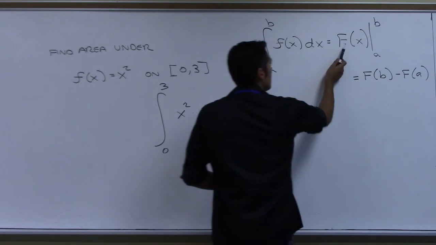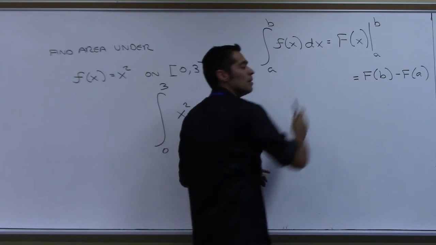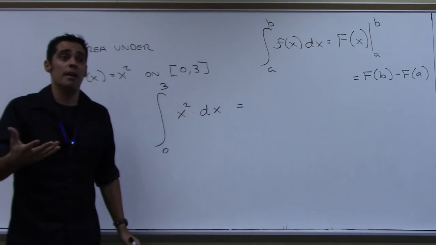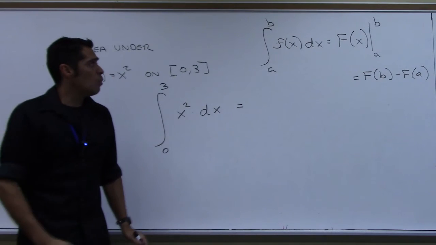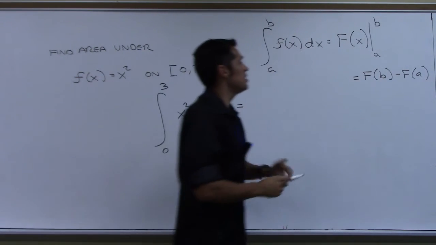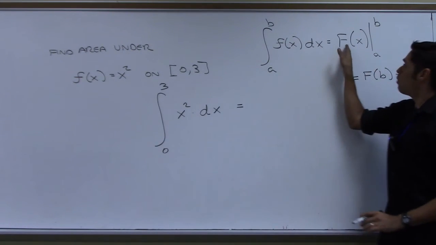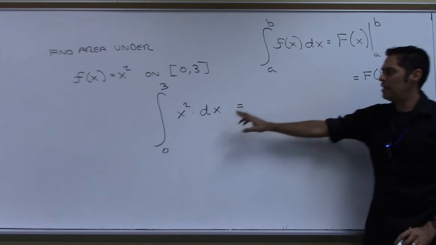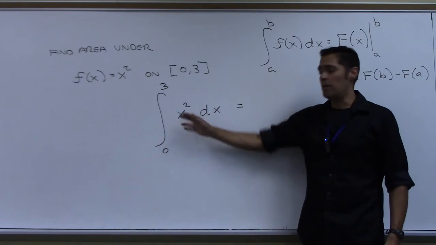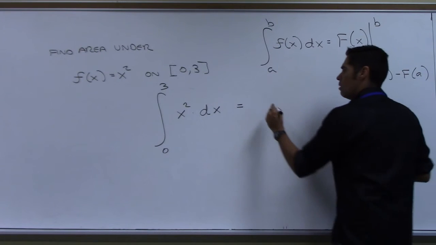What was capital F? If this was little f, what was capital F? The antiderivative, right? So what the evaluation theorem says is I need to write down the antiderivative of x squared, of this right here. What's the antiderivative of x squared? 1/3 x cubed.